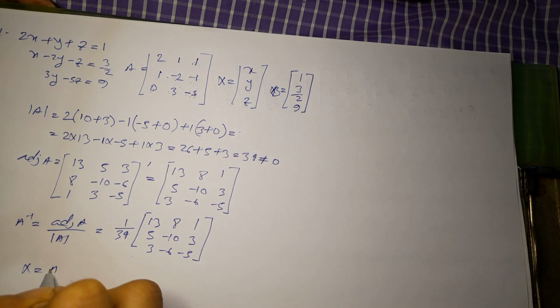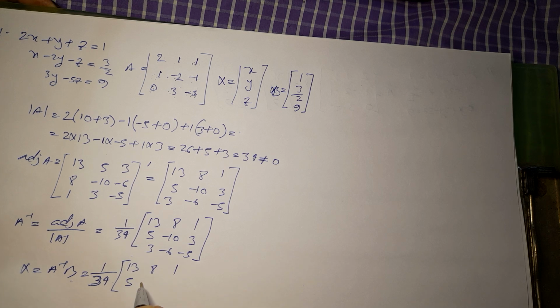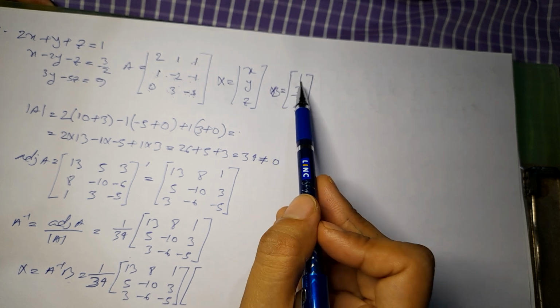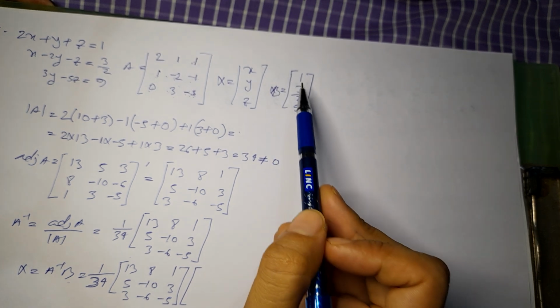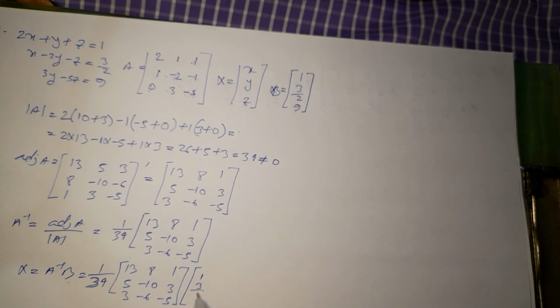X is equal to A inverse B. This is the inverse, 1 by 34 times the adjoint of A, 13, 8, 1, 5, minus 10, 3, 3, minus 6, minus 5, and this is the B. B we have 1, 3 by 2, 9.